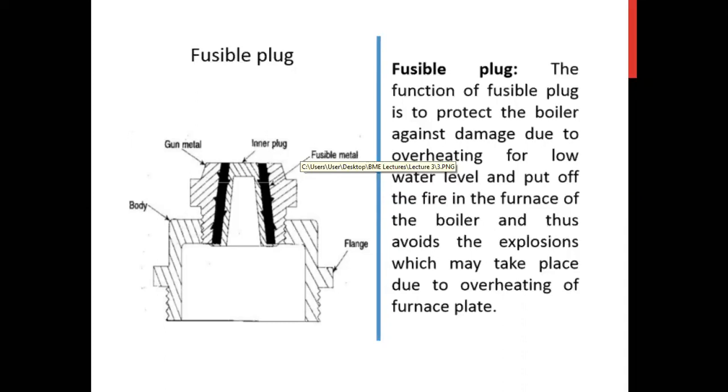So it just puts off the furnace, the place where the combustion happens. So it puts off the fire, the overheating is reduced, and for the low water level, the pump gives water to make the water level high. So it should also be situated inside the boiler.